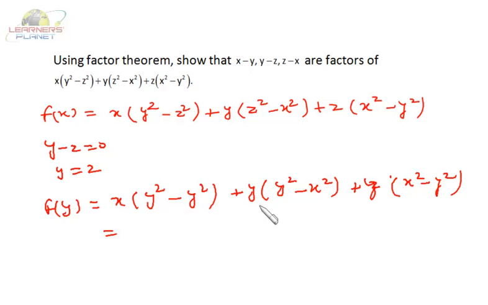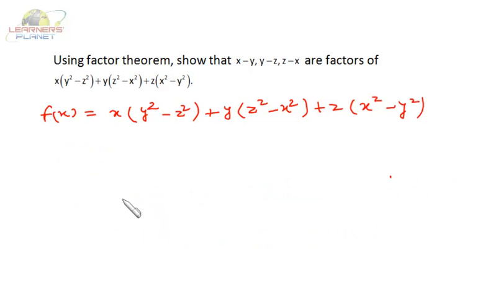Then it is y cube minus yx square plus yx square minus y cube. So we got 0. So f of y is 0, and that means y minus z is definitely a factor of this polynomial.